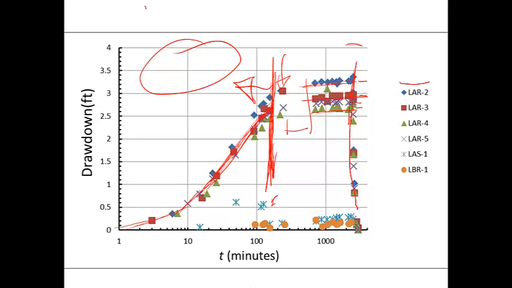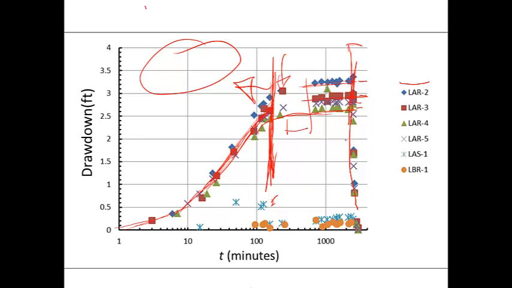So there's an interaction with the stream that provides water to the well that does not require water coming out of storage. As a result, the pressure doesn't have to drop. We can get water from the stream instead of dropping the pressure and pulling it out of storage. And so that's why these curves all flatten out.